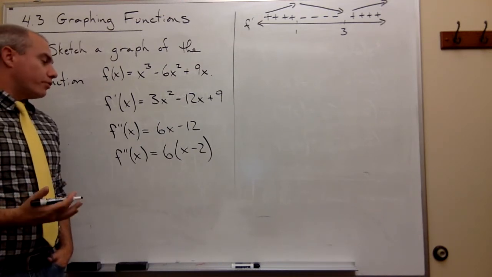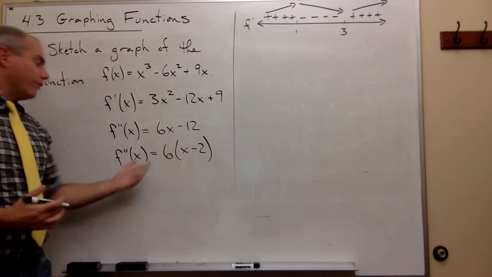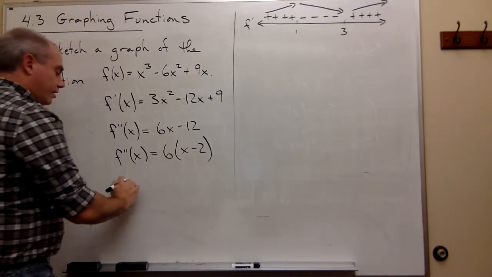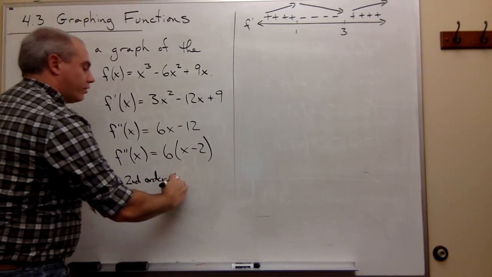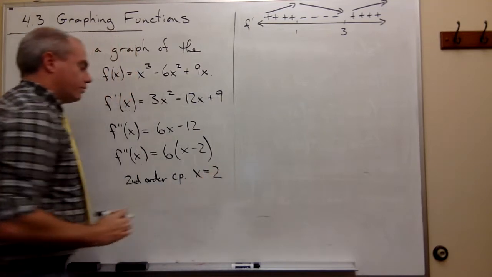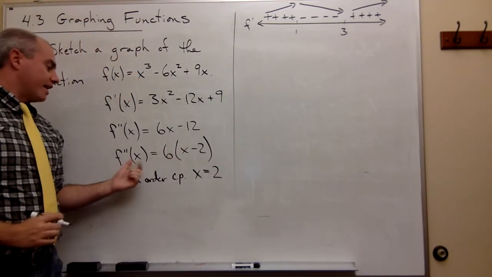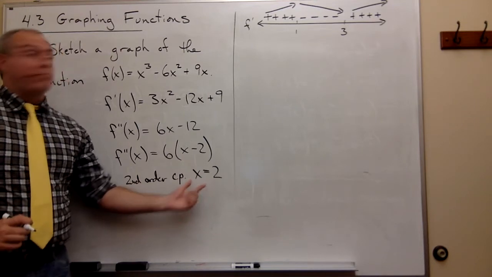And so the only second order critical value, or critical value of the second derivative, that I get would be at x is equal to 2. That's the only thing that would make the second derivative 0. So I get this second order critical point of 2.